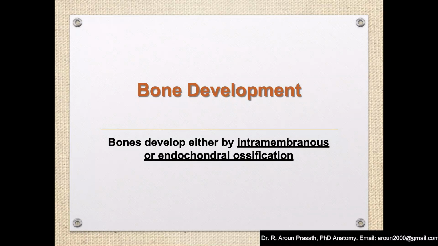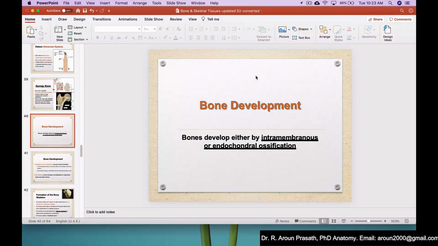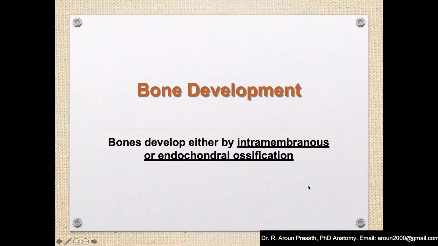The bones are formed in the middle layer of the embryo. In intrauterine life, the bones are formed in the form of cartilage. The limb bones are present in the form of cartilage.